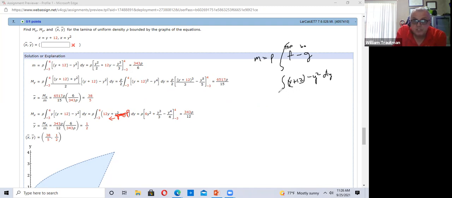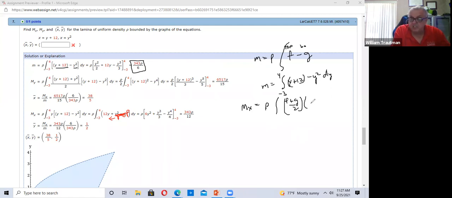And we're integrating this from -3 to 4. So that's the M, the total mass. You see they go through it, and this is what they get. Next, we need to find Mx. Our formula is the density times the integral of the two functions added, divided by 2, and then top minus the bottom.